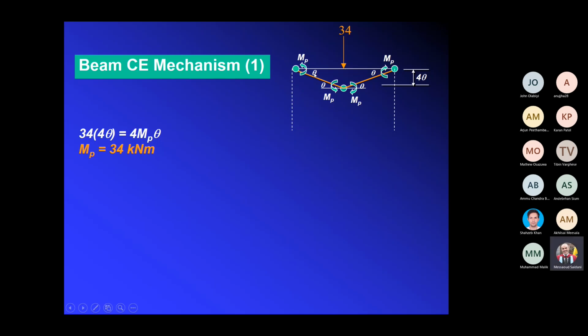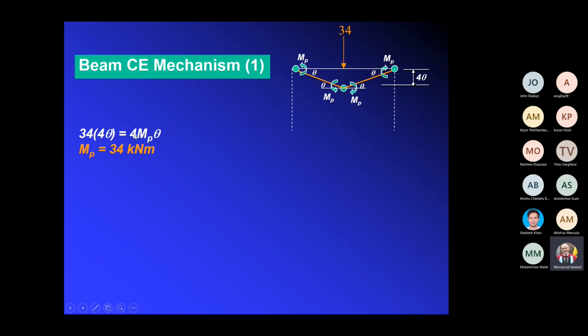So 34 times 4 theta equals MP theta at B, MP theta and MP theta at joint C, and finally MP theta at joint E here.